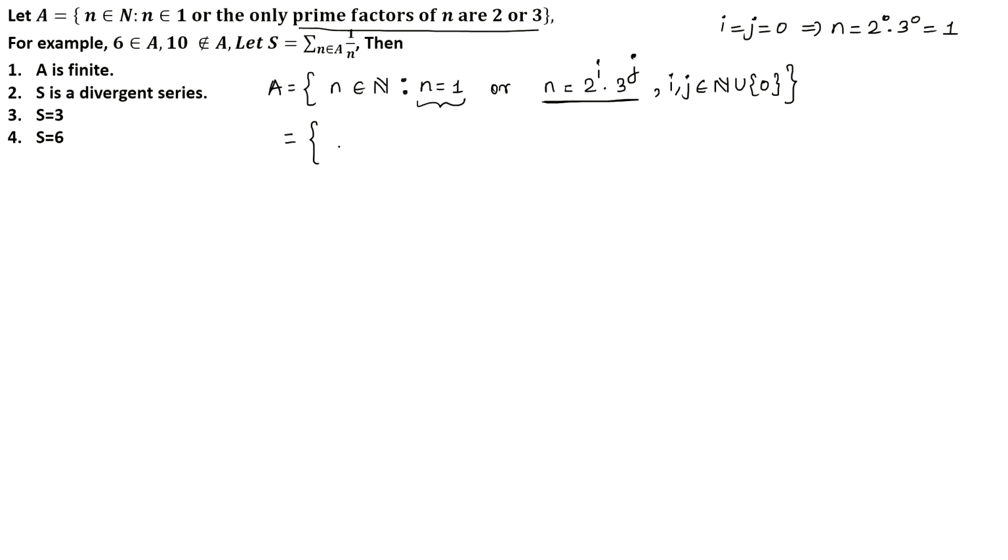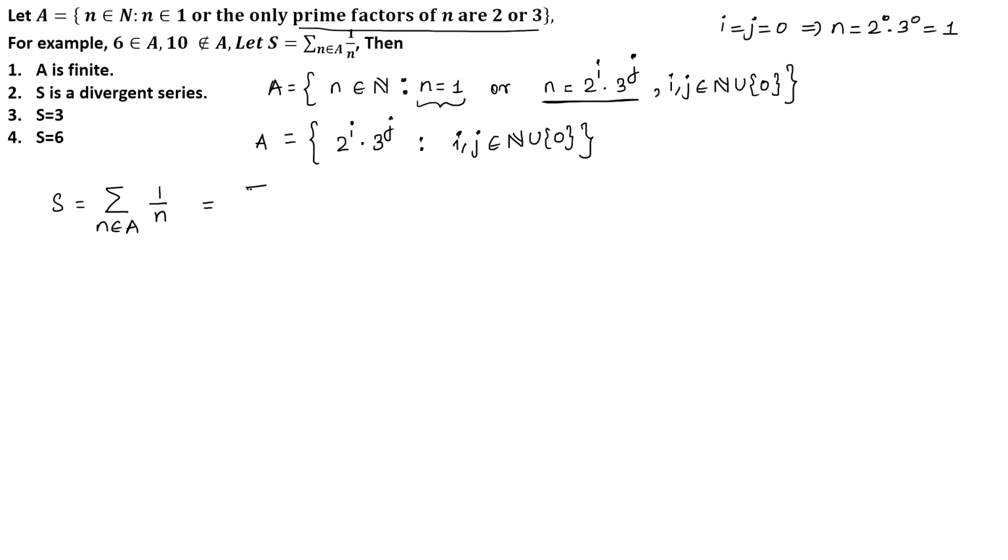So A is equal to the set of all 2 raised to i into 3 raised to j such that i and j belong to N union singleton 0. So this is A. Now S is equal to sigma n belonging to A of 1 by n.